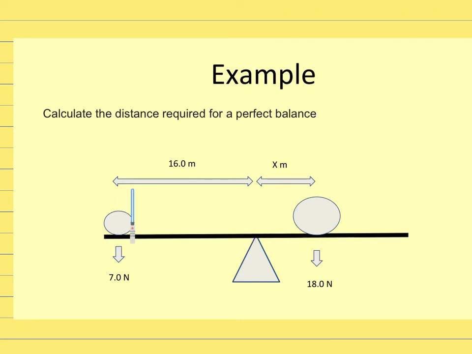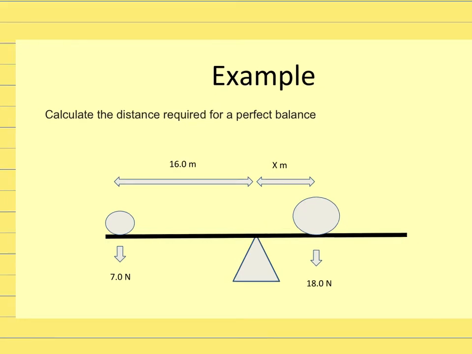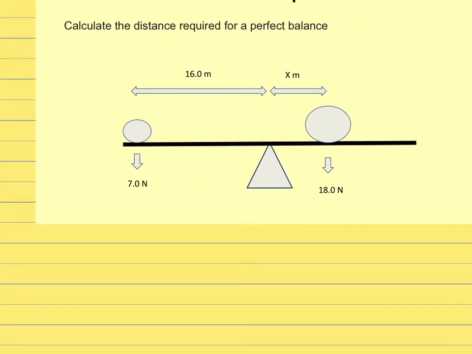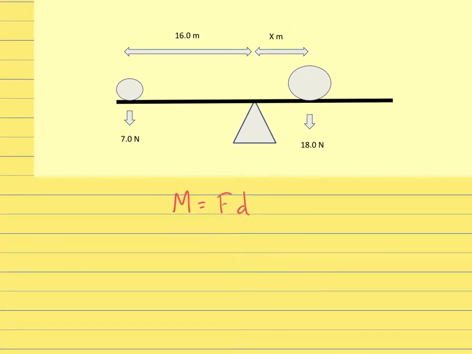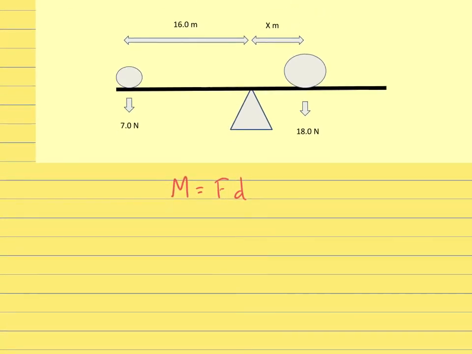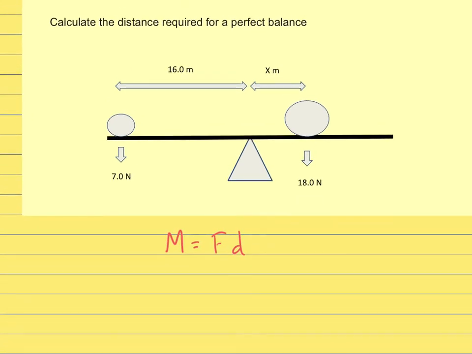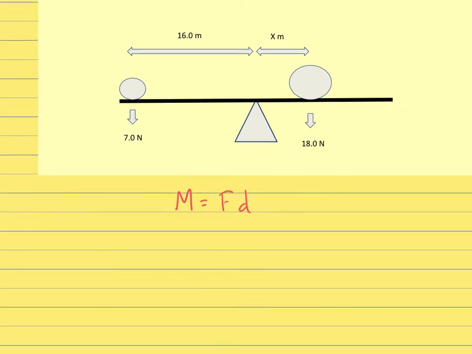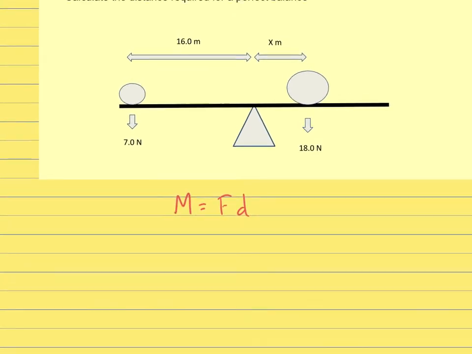Now, this distance from the pivot is 16 meters, and we don't know the distance here. So how are we going to work that distance out? Well, the first thing we would do is remind ourselves that a moment equals force times distance. If this was in the exam, I would probably sketch a little diagram of this, but I'm not going to in this case.